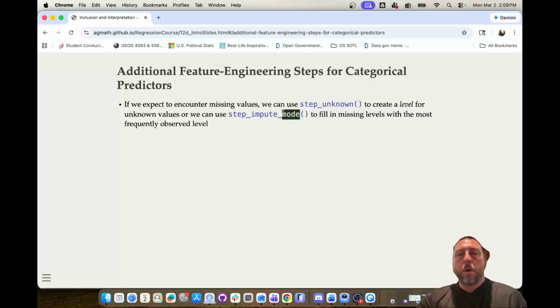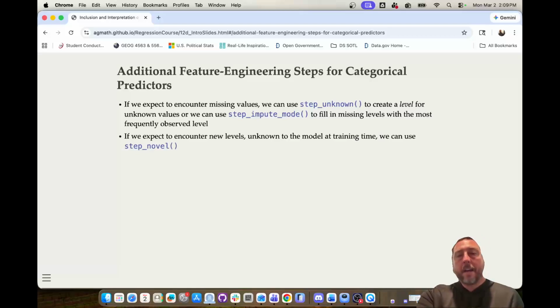Step impute mode can be used with categorical data. Mode is the most often appearing category. So step impute mode would just take a missing value for species or any categorical variable you want and put in the most frequent category there.